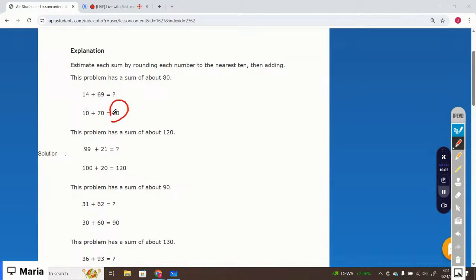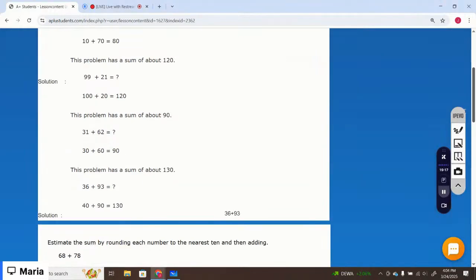When you add, the sum is about 80, right? The second one is 99 plus 21. 99 is rounded to 100 and 21 is rounded to 20, and their sum is about 120. Same way, we have a third option, the sum is about 90. And the fourth one is 36 plus 93. So when you add, their sum is about 130.